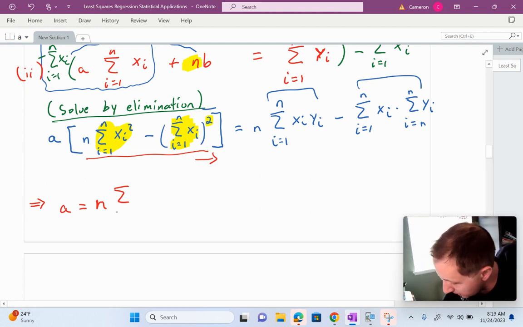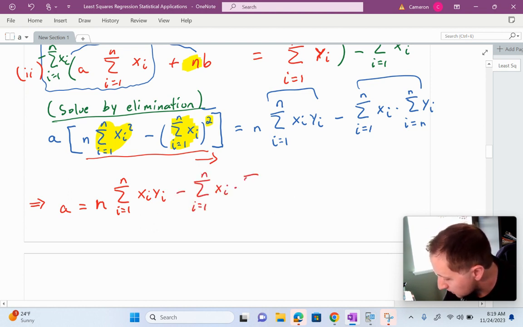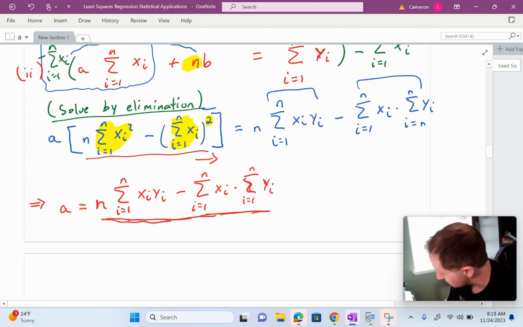So we end up getting n times the sum i equals 1 to n of the product xi yi, minus the sum i equals 1 to n of xi times the sum i equals 1 to n of yi, and that entire numerator is divided by what I have inside the brackets.